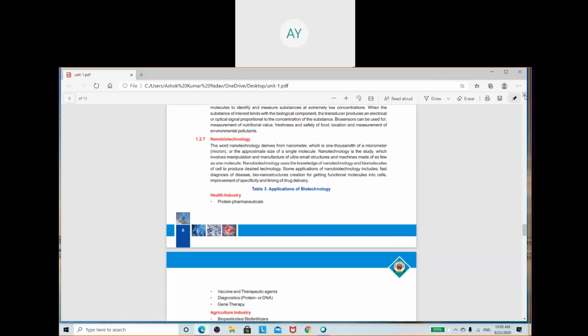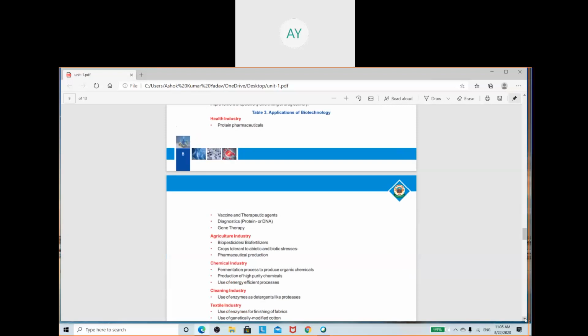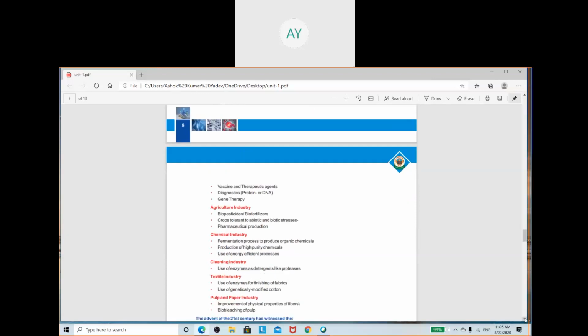In the field of medical science, that is health; in the field of agriculture; in the field of chemical industry, that is industrial application; then cleaning industry, then textile industry, and pulp and paper industry.